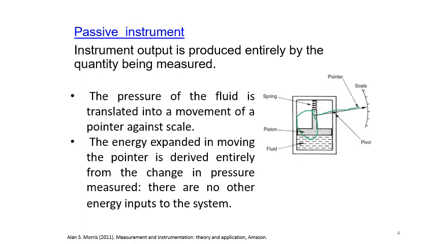When the piston is going up, it's very clear that this side of the pointer will go up, which means this side will go down. So the pressure is directly measured without converting it to electrical. We call this class of sensor a passive sensor or passive instrument, where no power supply is needed.